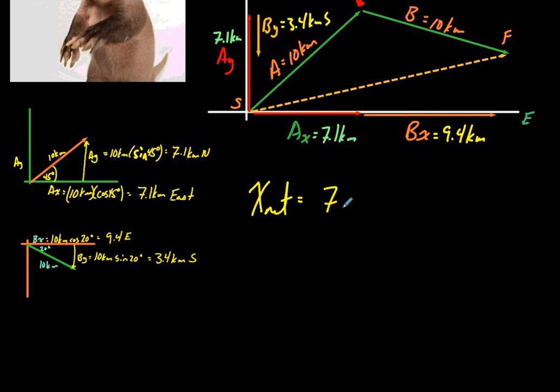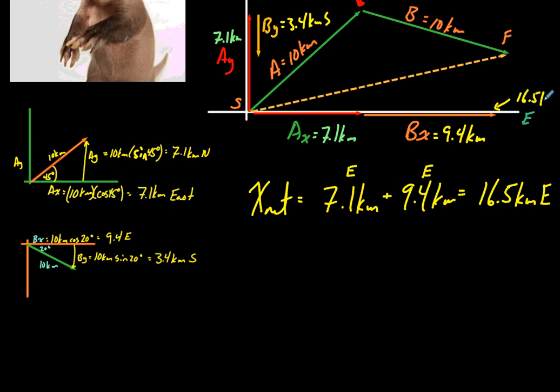So X net is 7.1 kilometers east plus 9.4 kilometers east. So that should give us 16.5 kilometers in the easterly direction. So the sum of these two values gets you to here, 16.5 km.